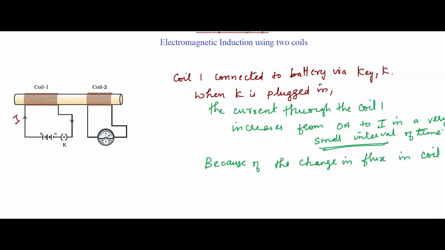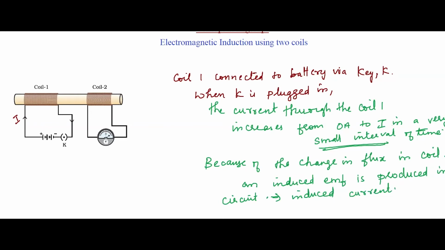in coil 2, an induced EMF is produced in the coil 2 circuit, which in turn will produce an induced current.